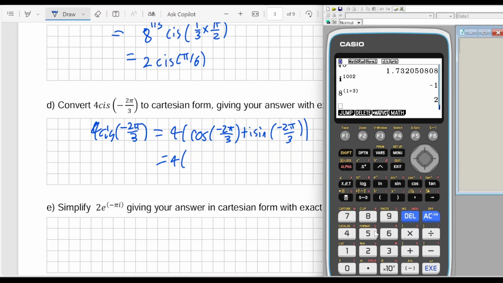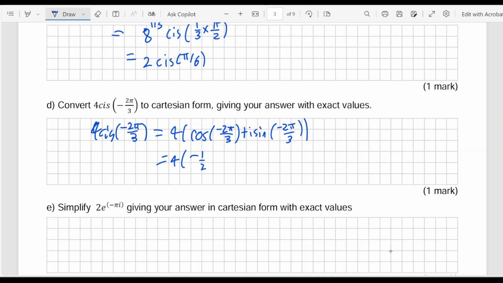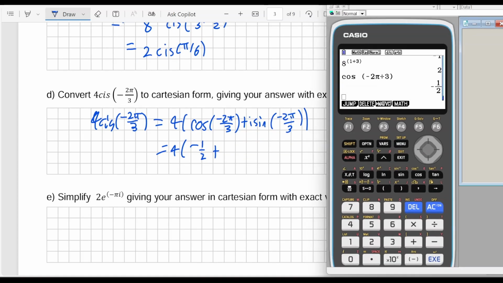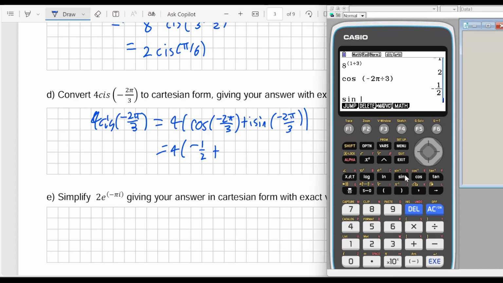But if we want, we can go cos of minus 2 pi over 3. Just make sure that we're in radians before doing this. Something like that, minus a half. And then i sine of minus 2 pi over 3. So if we look at that, sine of minus 2 pi over 3 is what we want.